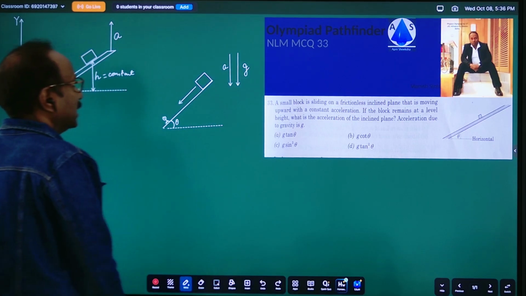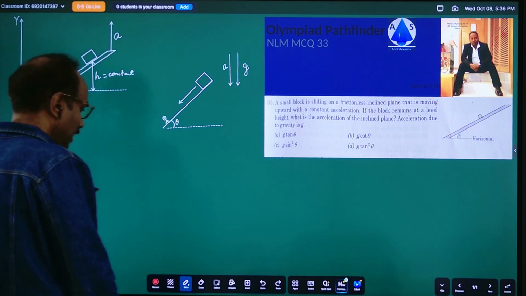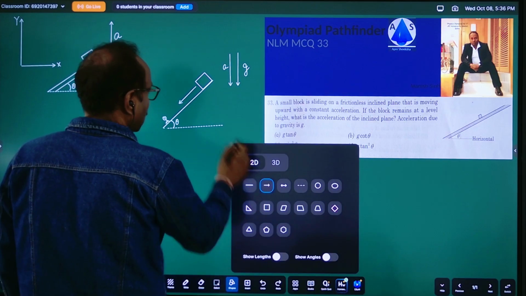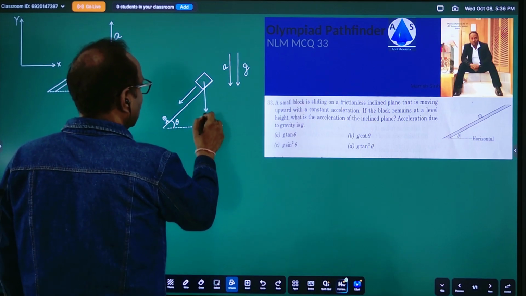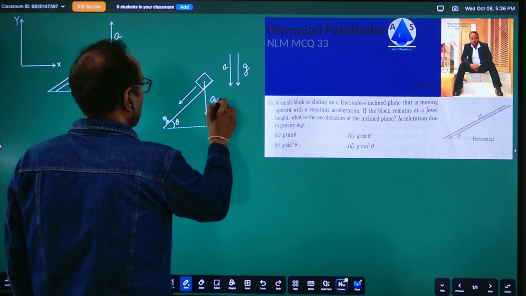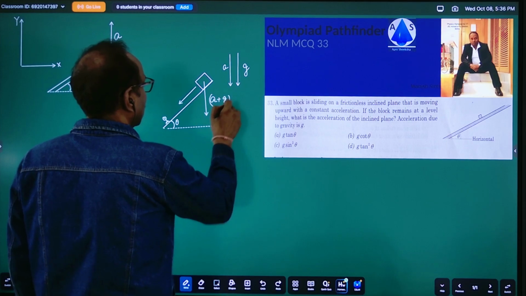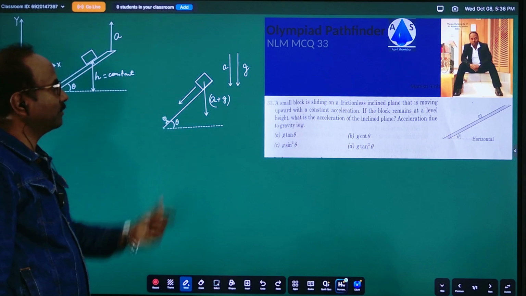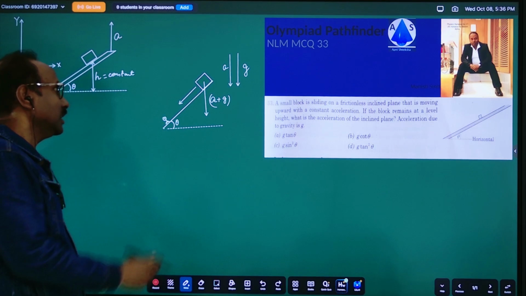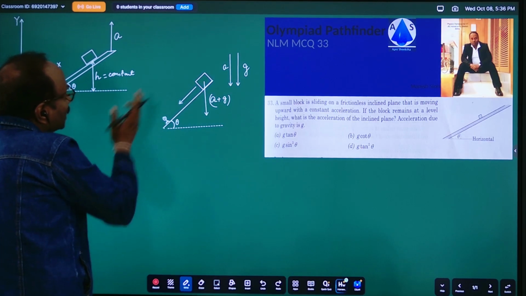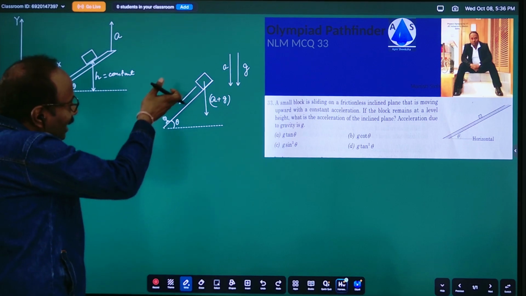So the total acceleration in the downward direction experienced by the block will be a plus g. So the observer on the inclined plane will see that the block is coming down with (g plus a) sine theta in this direction.